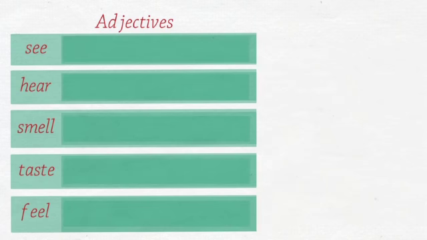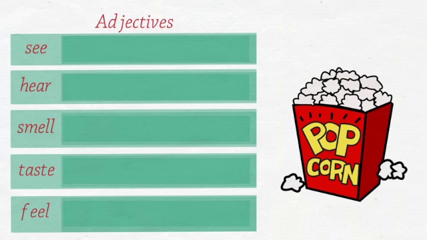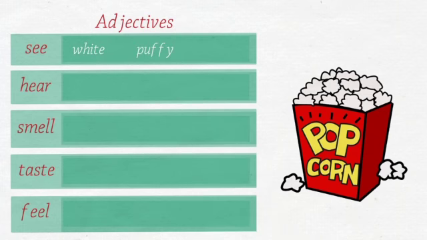Let's practice some more. This time, we will describe a favorite snack, popcorn. We will identify adjectives based on our five senses: seeing, hearing, tasting, smelling, and feeling. The popcorns are white and fluffy.